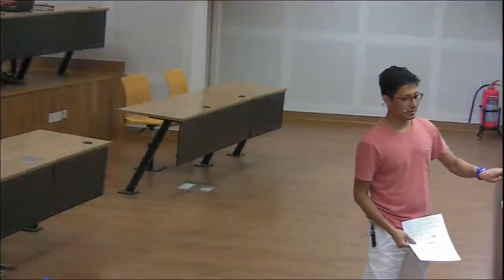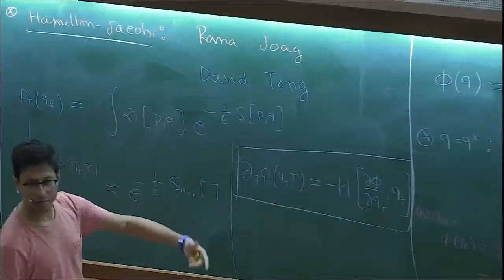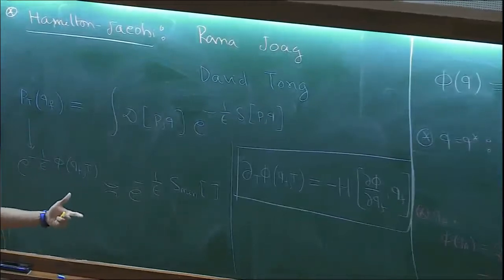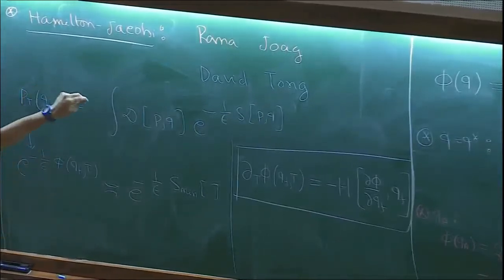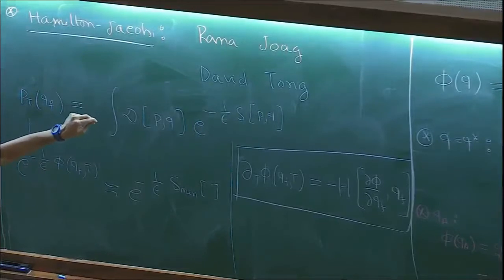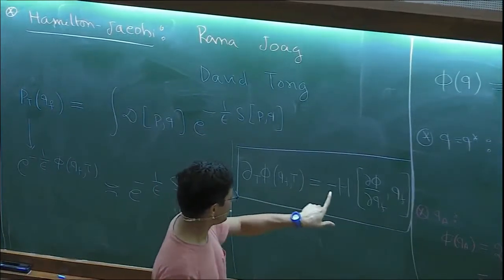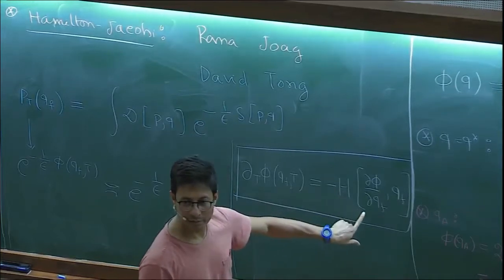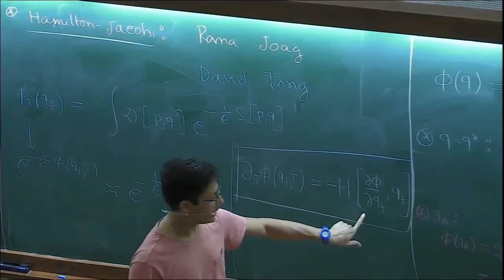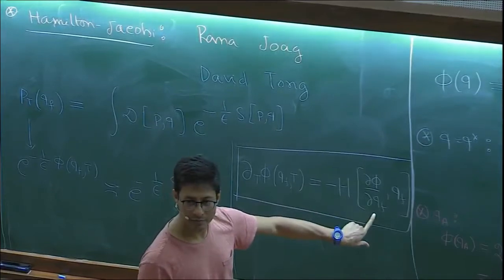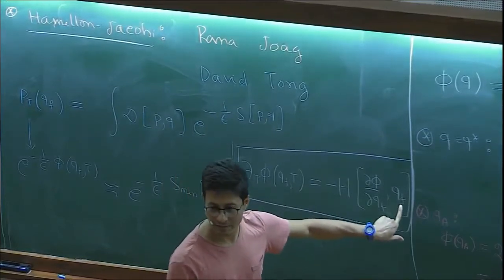What it's doing is writing a time evolution equation for this large deviation function, at position qf at time t. That time evolution is nothing but minus H, where I replace p by del phi del qf, and q by the final position qf.